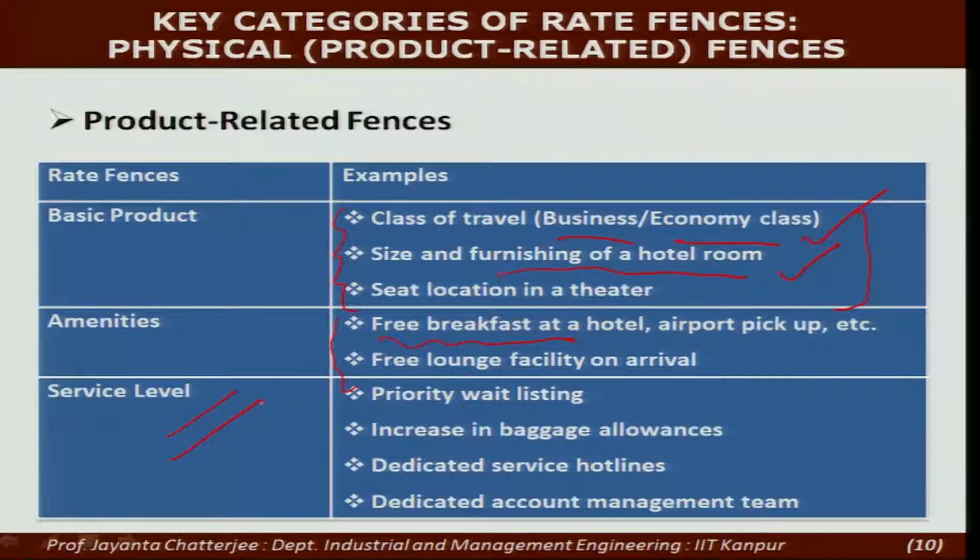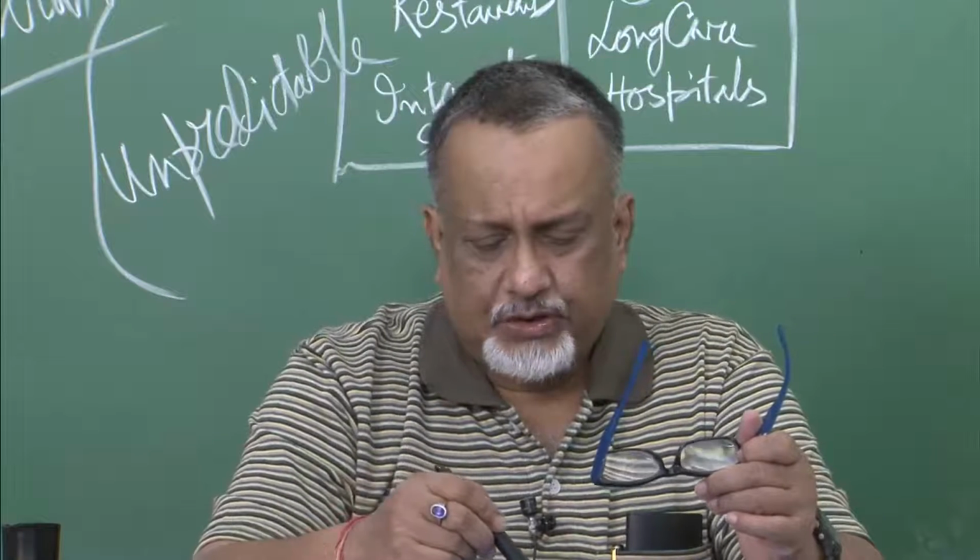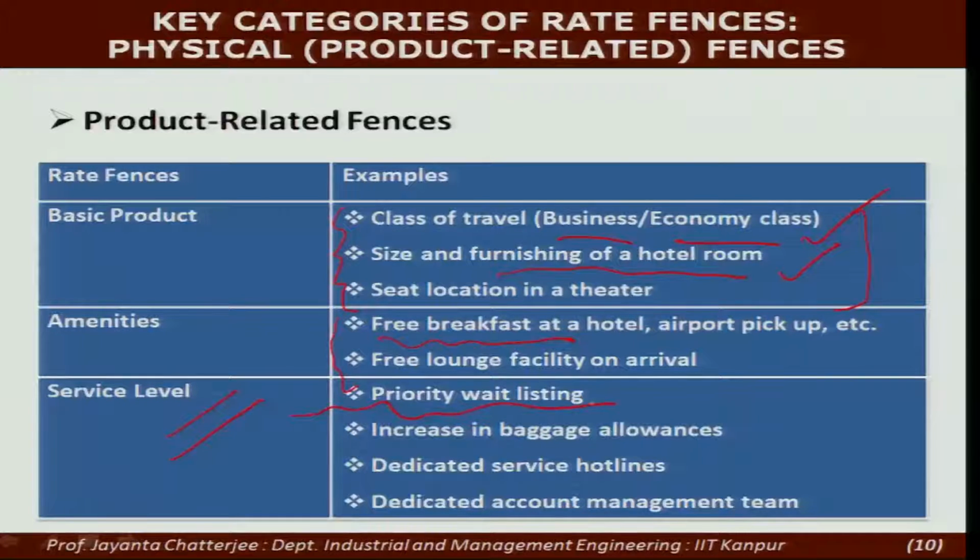respect to service level. Like if you are a frequent traveler, then you have a certain kind of fencing which relates to priority wait listing, or an increase in baggage allowance.